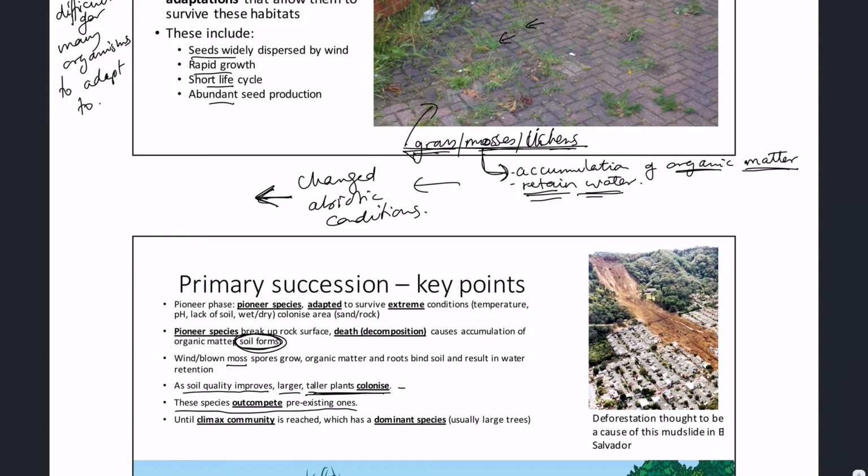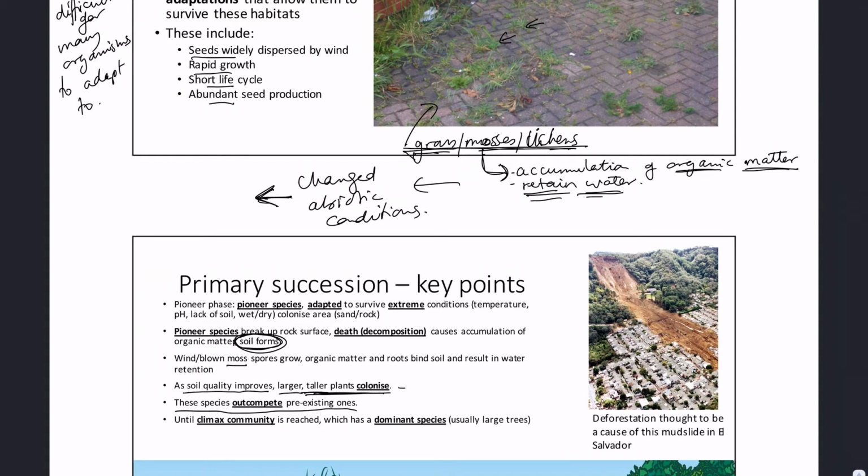And as they do that, they improve the soil quality even further and allow even taller and other plant species that have a higher demand for water, a higher demand for organic content and nutrients from the soil. Those plants happen to be taller still, and they outcompete the first set of tall plants that came into the area.